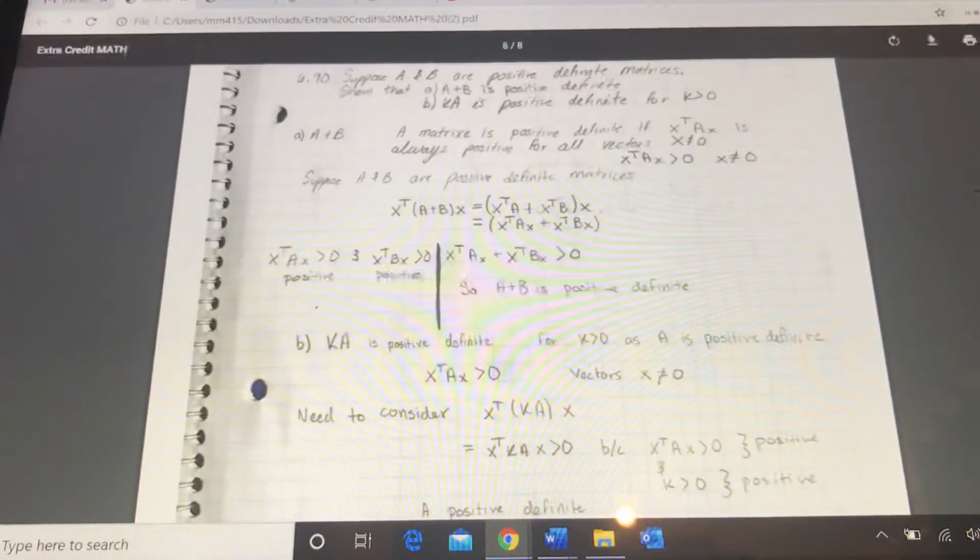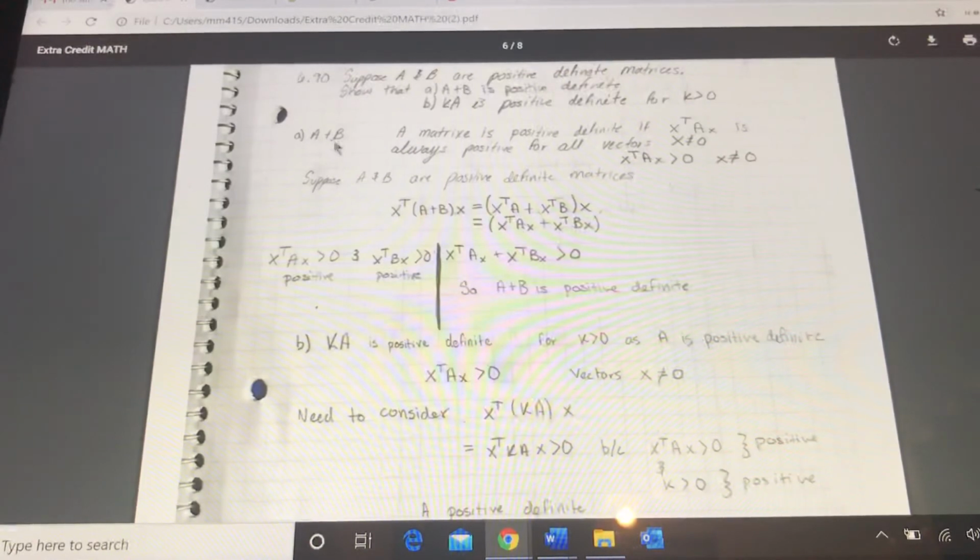Okay, here we have matrix A plus B. We know based on the theorem that x transpose A x is always positive for all the vectors x that do not equal 0, so therefore we know that this has to be greater than 0 when the x values don't equal 0.